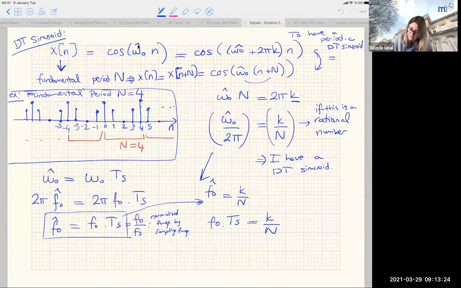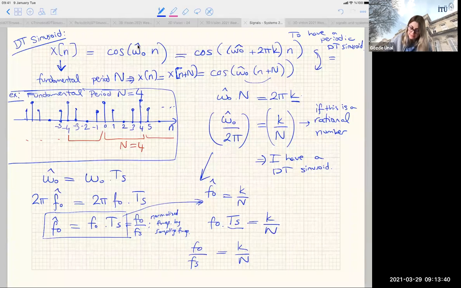That's the thing. From here and the end, we came up with this: f0 Ts is that. So f0 over fs, because this is 1 over fs, is k over n.